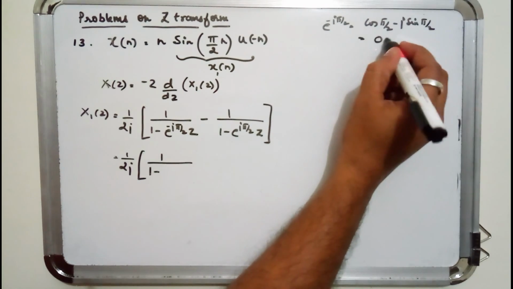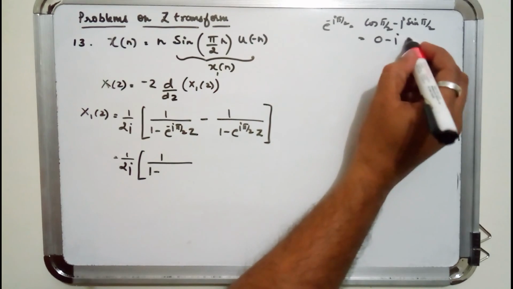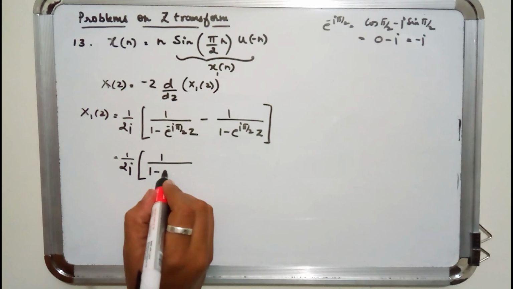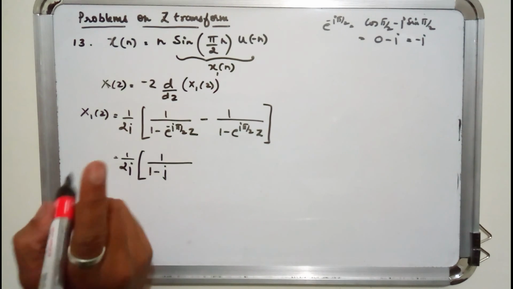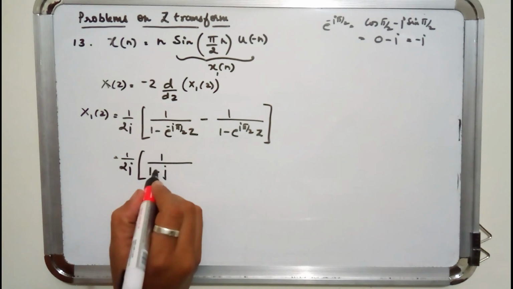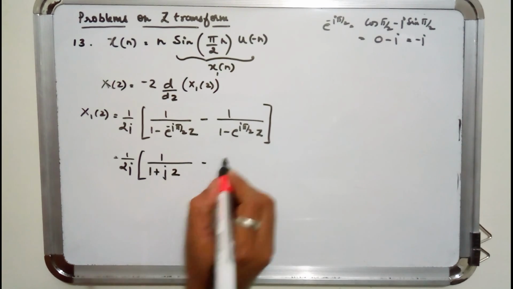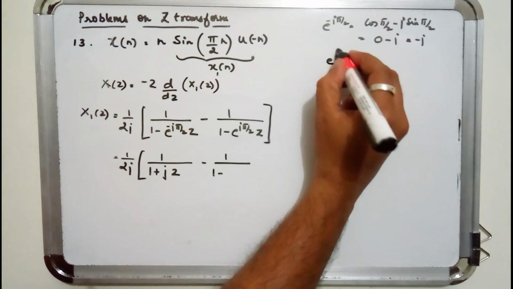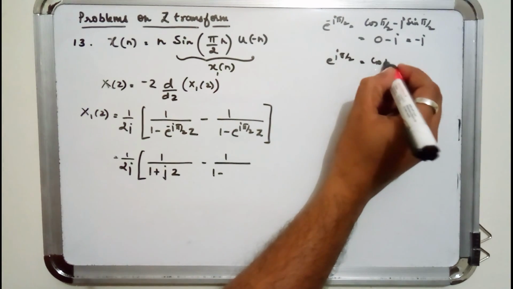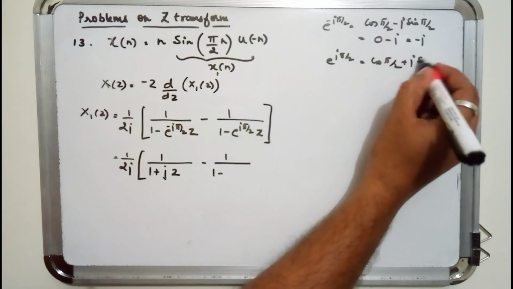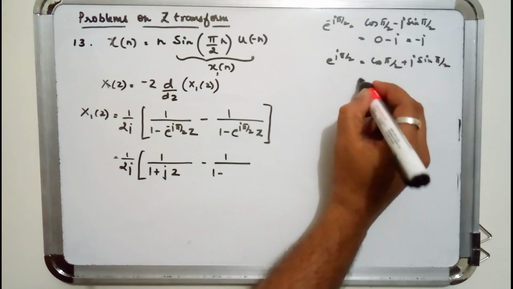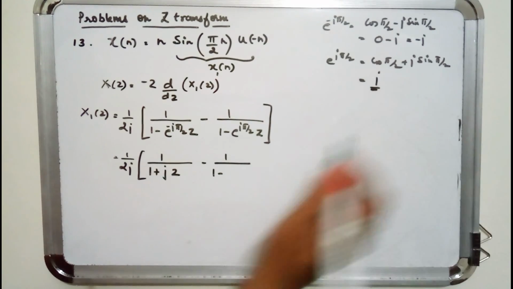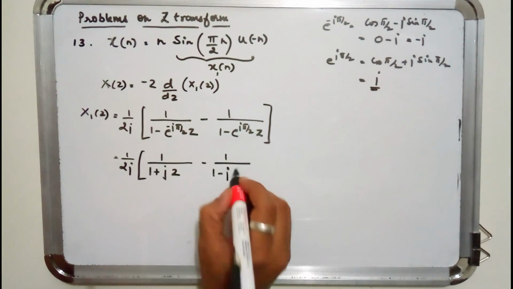Cos pi by 2 is 0, sin pi by 2 is 1, so I will be getting minus j. So here I will be getting 1 plus jz. And 1 by 1 minus e power j pi by 2 z: cos pi by 2 plus j sin pi by 2, cos pi by 2 is 0, sin pi by 2 is 1, so I will be getting j. So 1 minus jz.